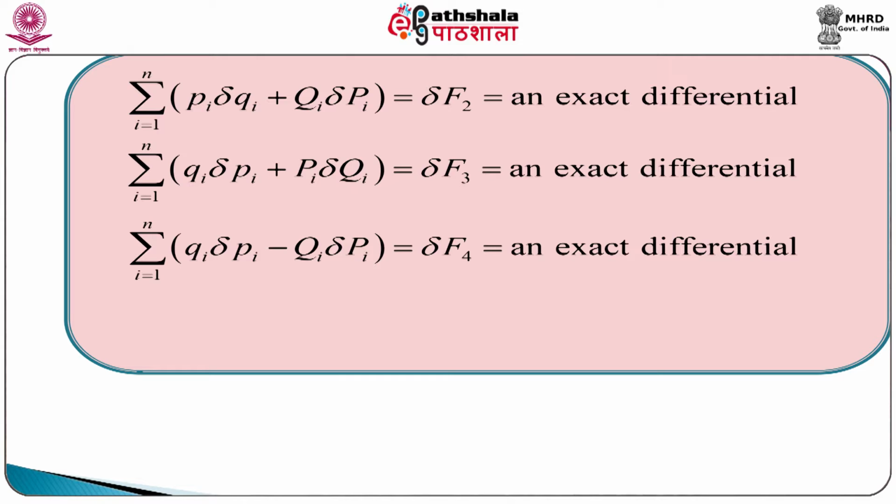If we use the relation between the generating functions F1 and F4, we shall get the condition for canonicality as summation over i equal to 1 to n of q_i delta p_i minus Q_i delta P_i equal to delta F4, an exact differential.